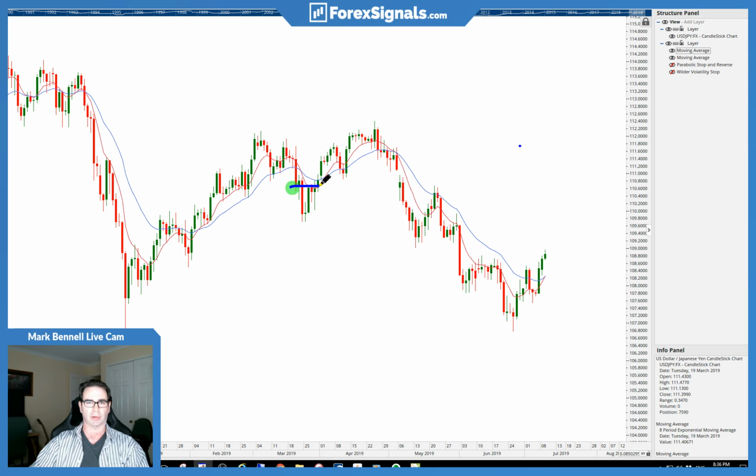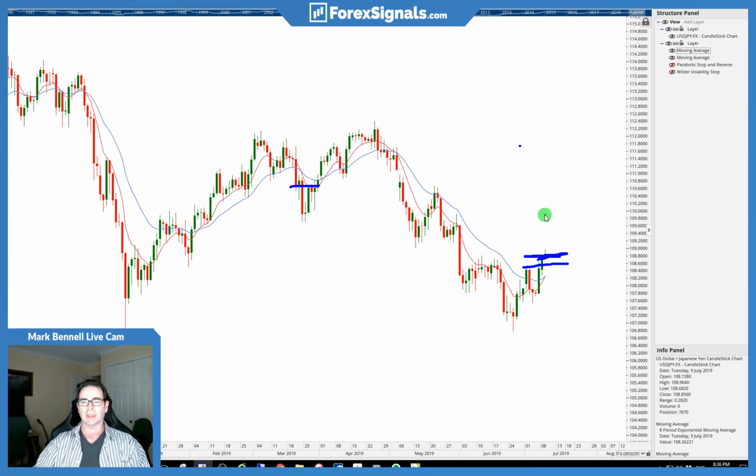So that kind of ended roughly the same. Here was the exit here. So kind of some basic exits, but I guess the point of it is better than nothing.